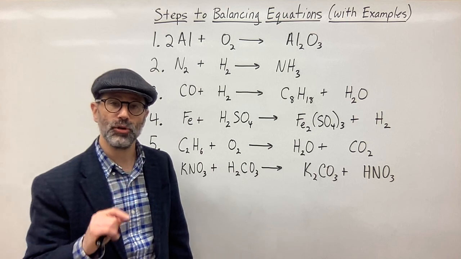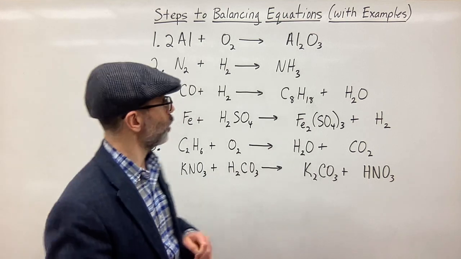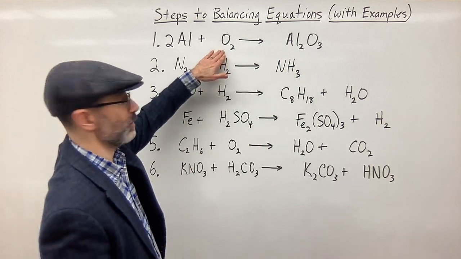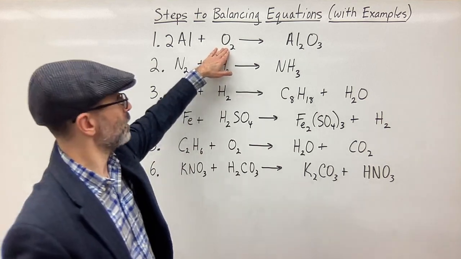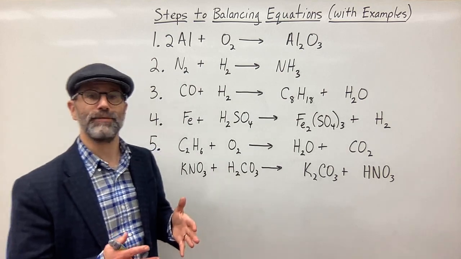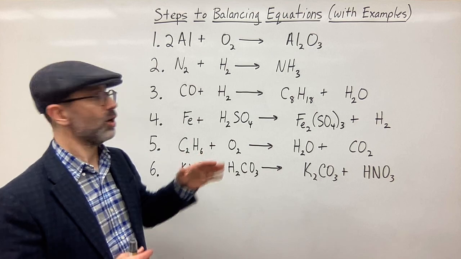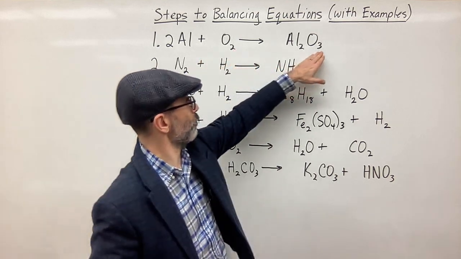But before I show you that, let me just show you without a fraction. So here, you'll notice I have 2 oxygens. Here I have 3. So here you're going to need to find a common factor between O2 and O3.